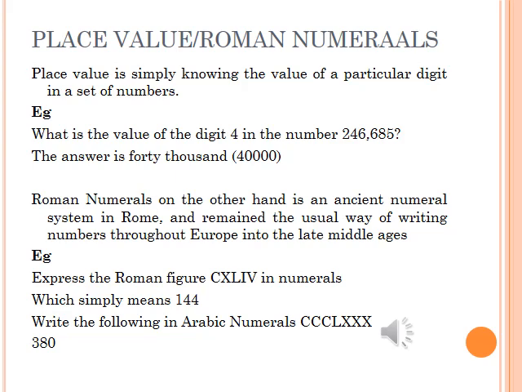Roman numerals, on the other hand, is an ancient numeral system in Rome and remained the usual way of writing numbers throughout Europe into the late Middle Ages. Example, express the Roman figure CXLIV in numerals, which simply means 144.